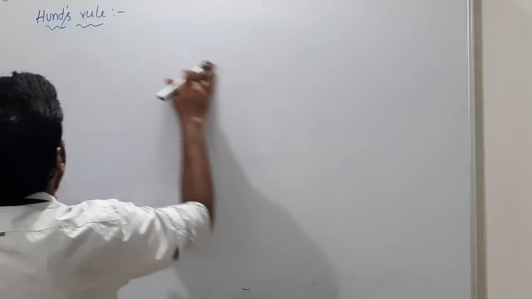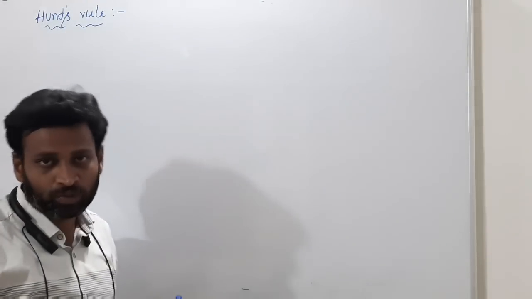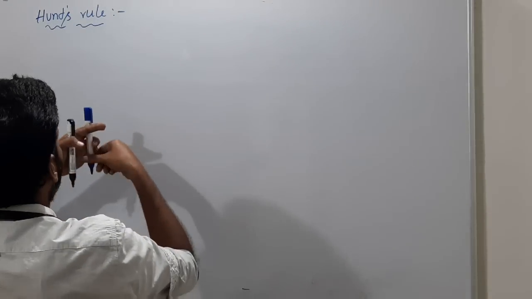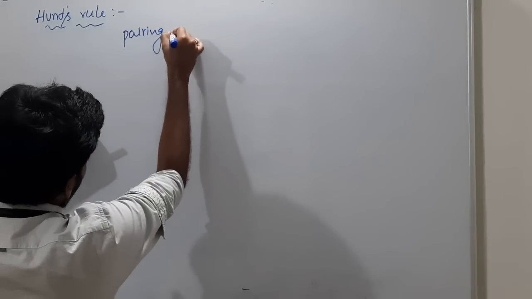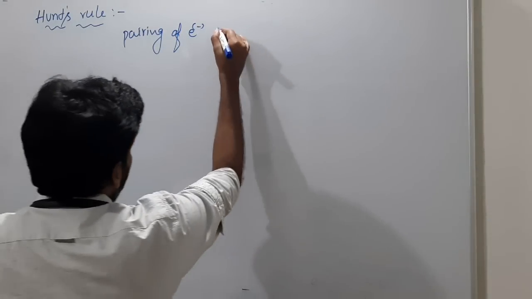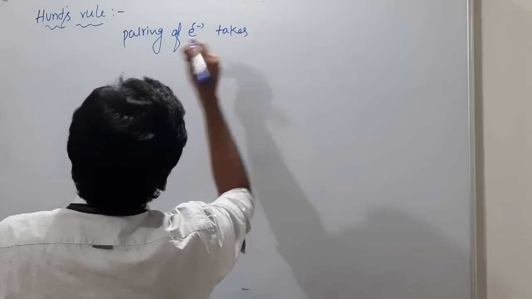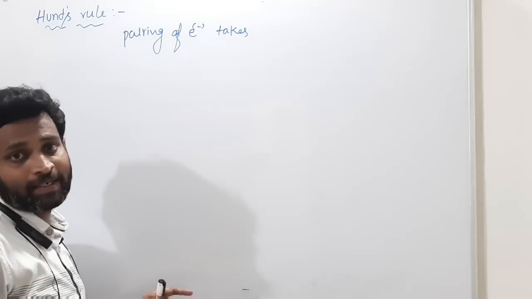Okay, so now, what is Hund's rule? According to Hund's rule, he explained about the pairing of electrons. What does it explain?